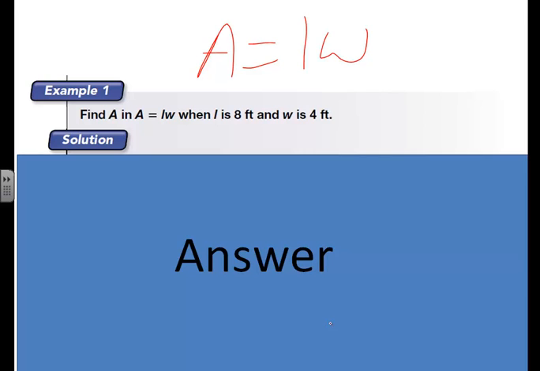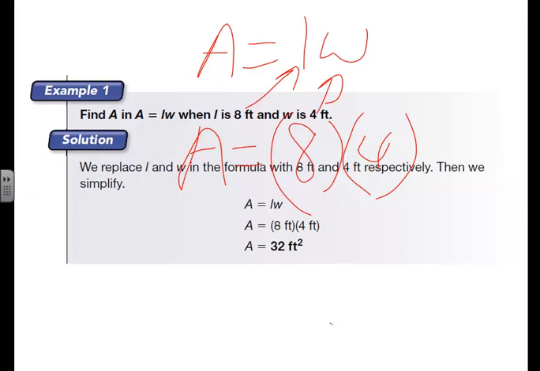So A is equal to 8 times 4, here's our 8, is the W. So A is equal to 32. In this case, because it's length times width and it's area, it's going to be squared. So you got to be sure and square it, because we got 2 feet here, not just 1.